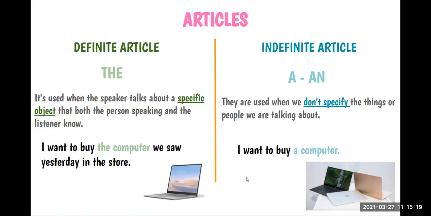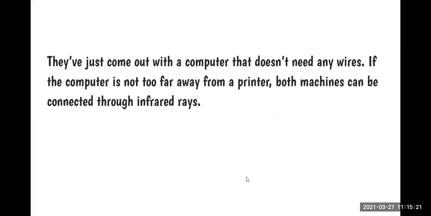For example, in this sentence, it says, they've just come out with a computer that doesn't need any wires. If the computer is not too far away from a printer, both machines can be connected through infrared rays. I want you to tell me, in this sentence, what are the articles?